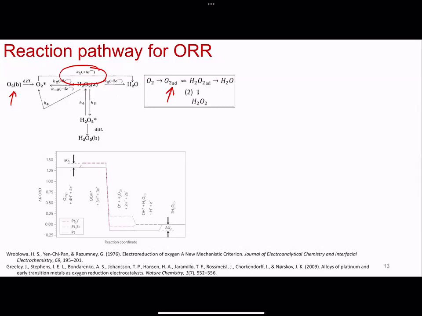You can have oxygen come in, it adsorbs, and all these kinetics, all these reaction rates, K2, K3, whatever. But at the end of the day, what you want is for adsorbed oxygen to go through a 4-electron process and just form water. The intermediate reactions are typically what will occur as well, which is you form this peroxide that can be adsorbed, and then peroxide can also desorb.